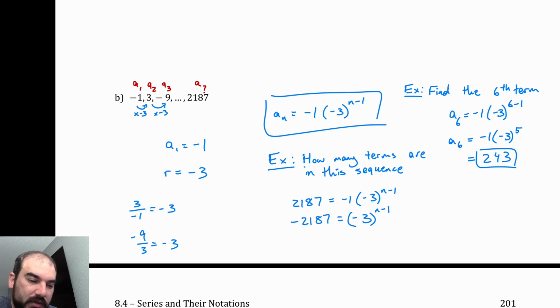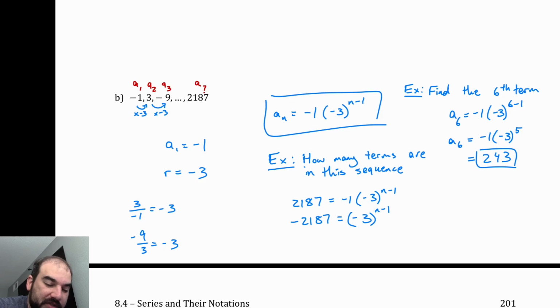And then we want to solve for n. So any ideas what we can do to get this n isolated? What would be the next step? Take the log or natural log of both sides. Yeah, take the log of both sides. Now, I know that we're multiplying by 3 every time, and we started with 1, so these are all going to be powers of 3, right?